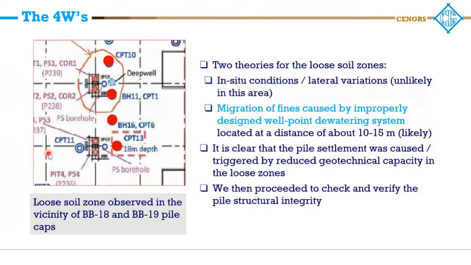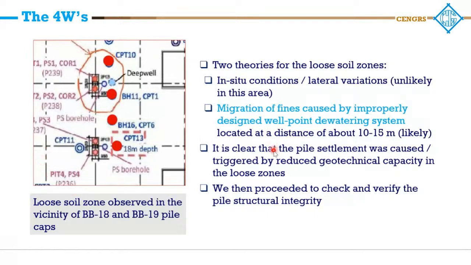The other thing which could have happened was migration of fines caused by an improperly designed well point dewatering system. The well point dewatering system was about 10 to 15 meters away, and that probably caused migration of fines. As a result, the soils moved away and the soil became weak.